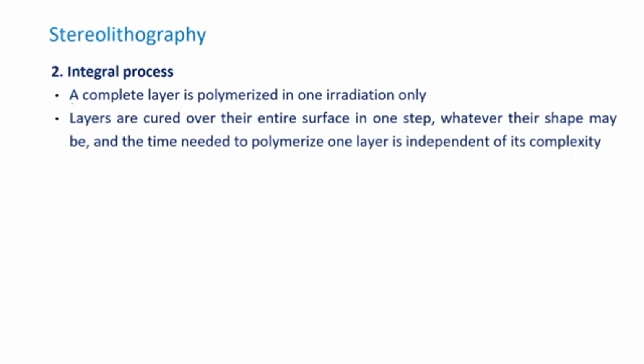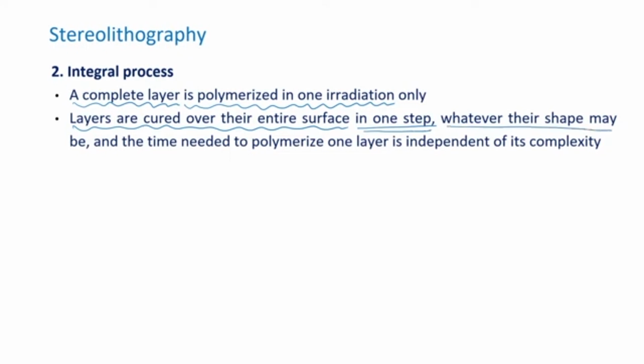Here the idea is to polymerize the complete layer in one go. A complete layer is polymerized in only one irradiation. The layers are cured over their entire surface in one step.